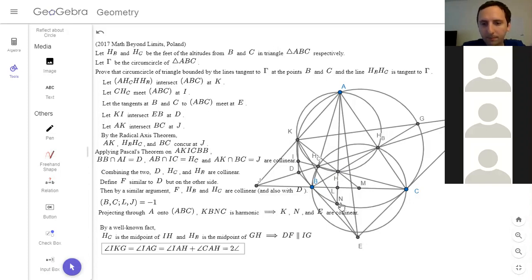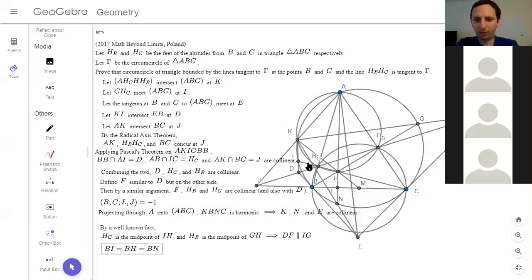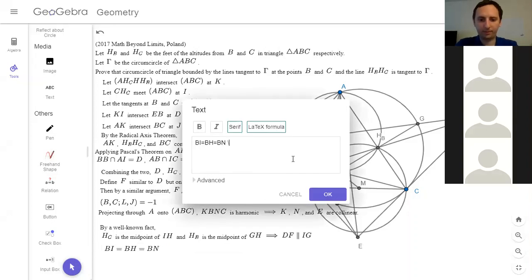And it is because BI is equal to BH, and BH is equal to BN. Yeah. So that two arc BI is equal to BN. Yeah, I like it. So if you call O the center of the circumcircle, BN. Yeah. So that implies IN is parallel to the tangent. Yeah.